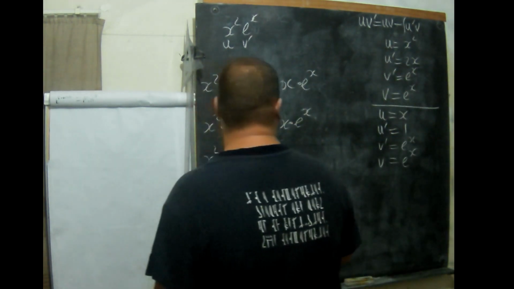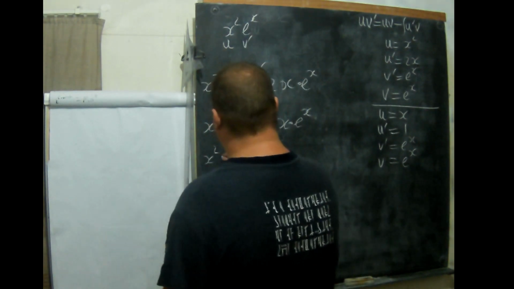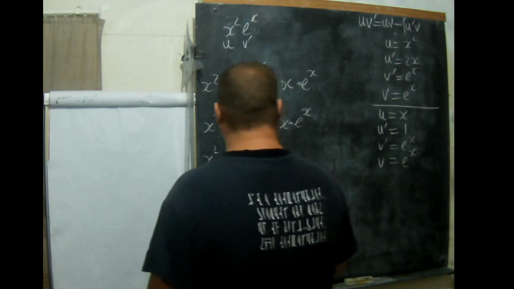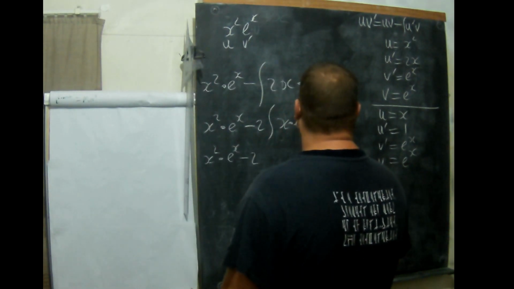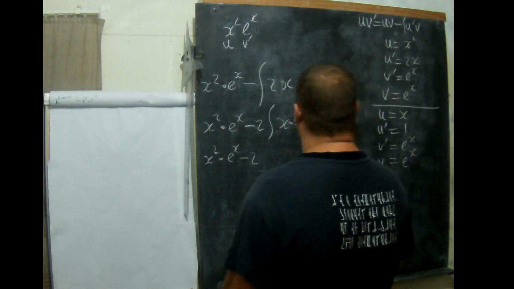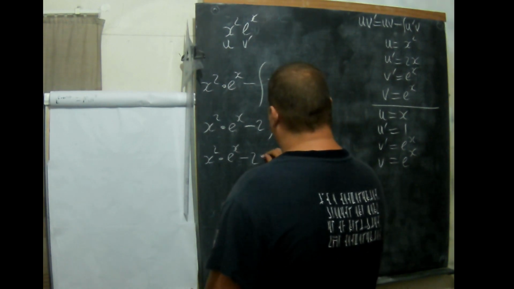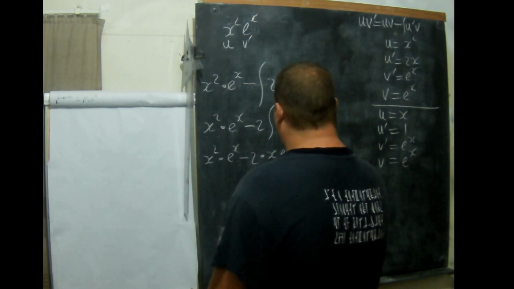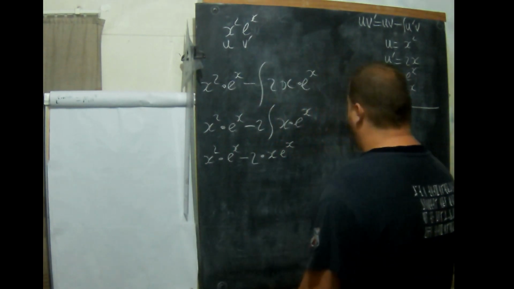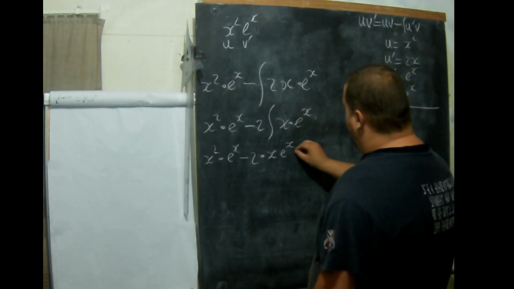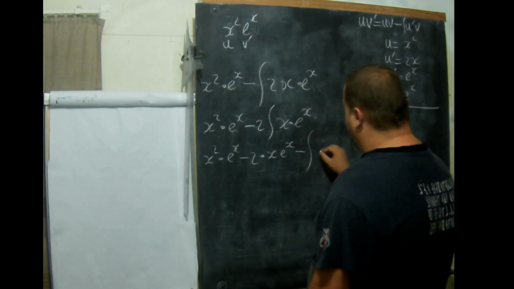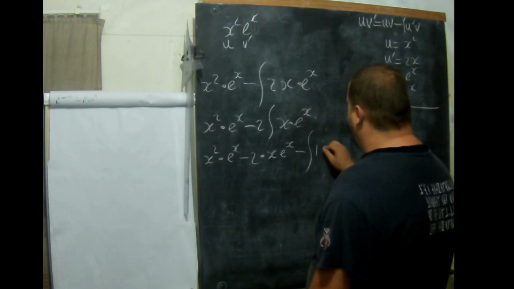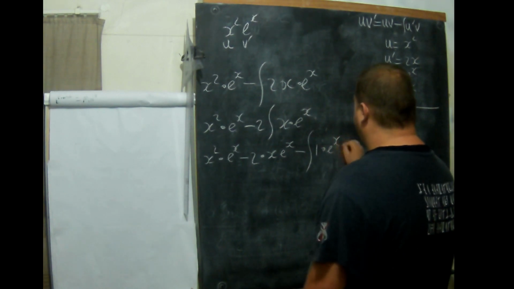Okay, so what we have is x squared times e to the x minus 2 times x e to the x minus the integral of 1 times e to the x.